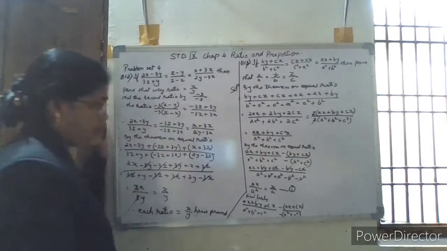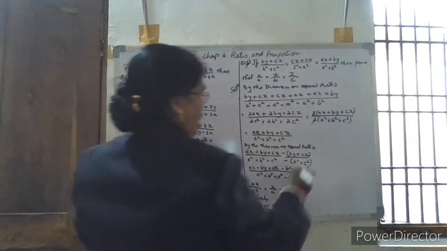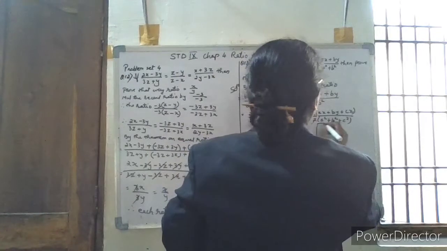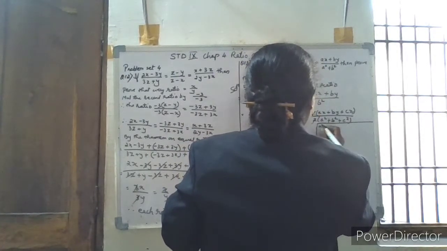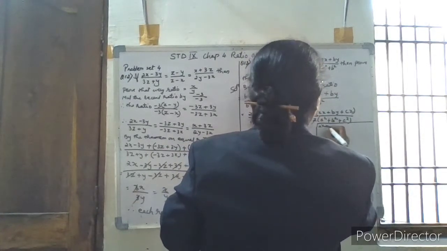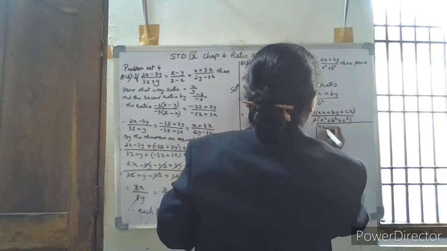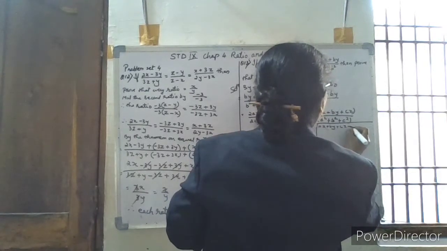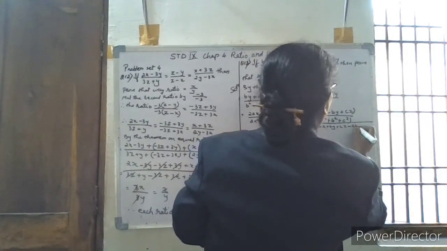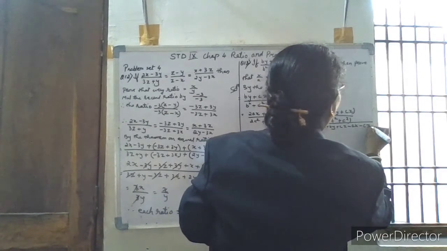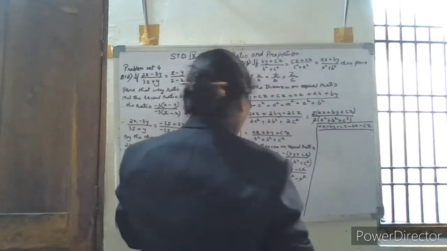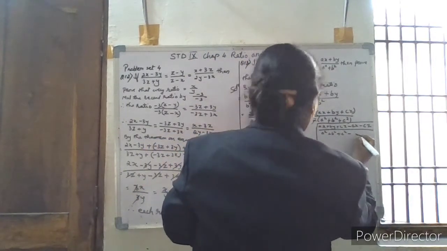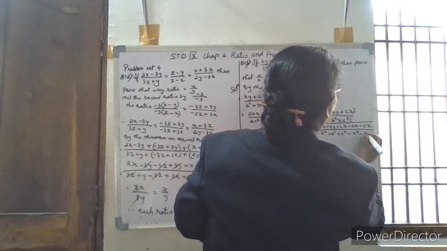So we are left with ax plus by plus cz minus ax minus cz upon a squared plus b squared plus c squared minus a squared minus c squared, because this bracket has a minus sign here.